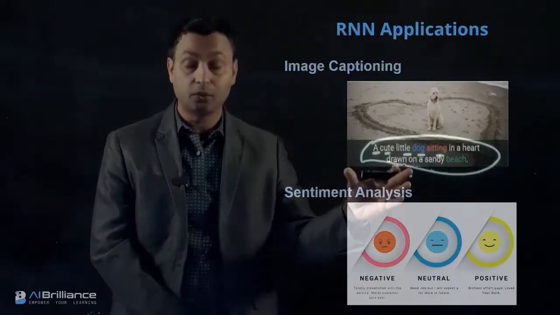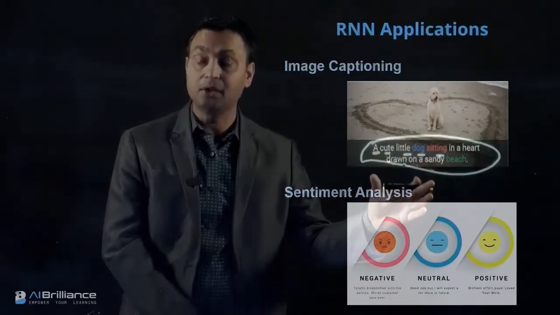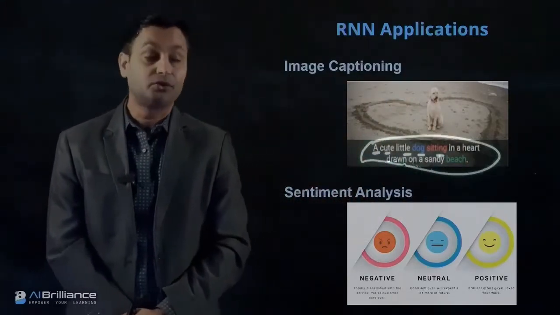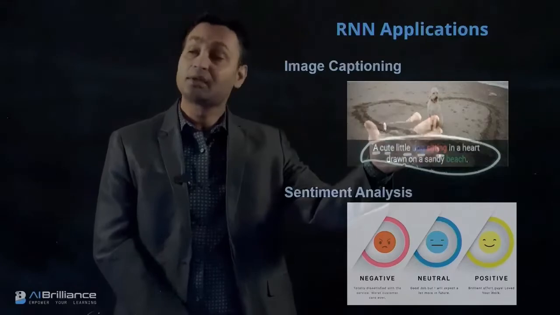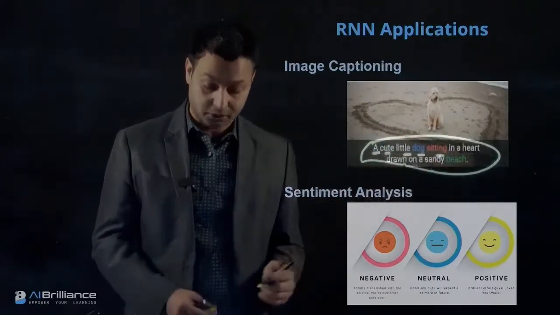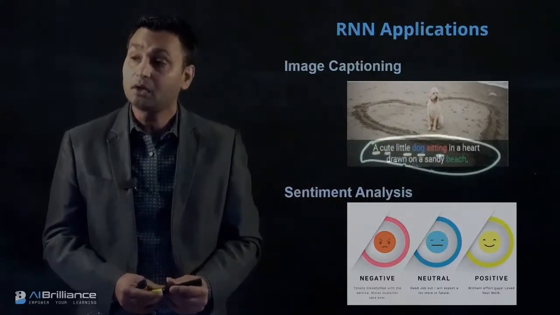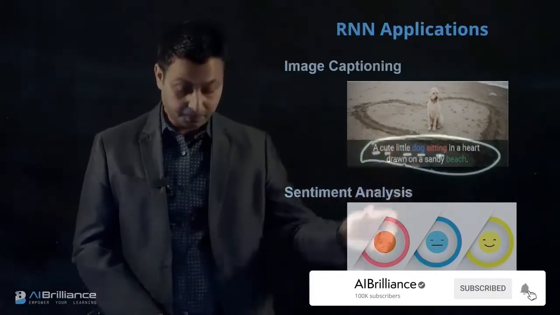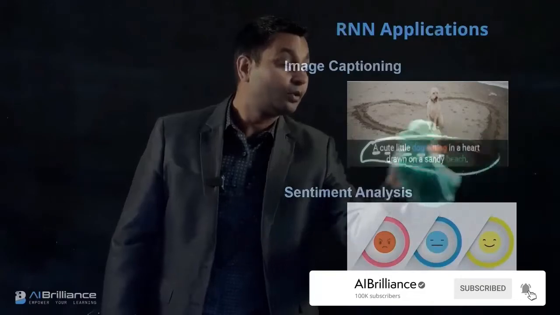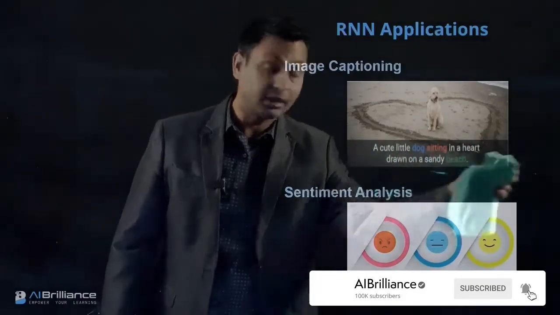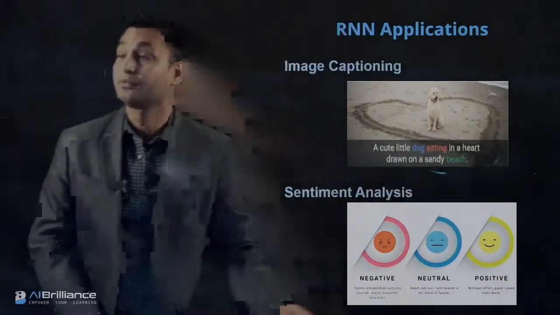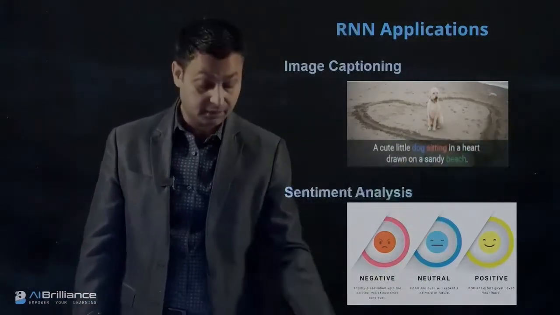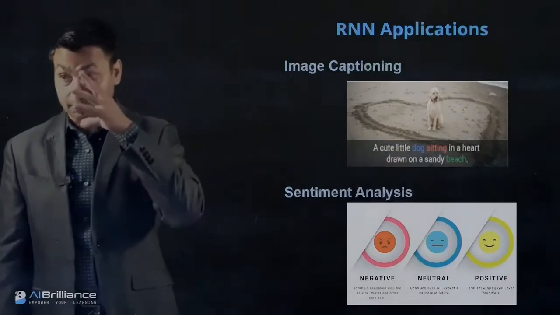It might be a 4-word or a 20-word caption, depending upon what is in the image. So this is the challenge you need to solve: your input could be something like this, but your output is a sequence of words of variable length, which has to summarize well the overall thing happening inside the image. This is one of the problems where RNNs are used, where the sequence of words in the output is important.